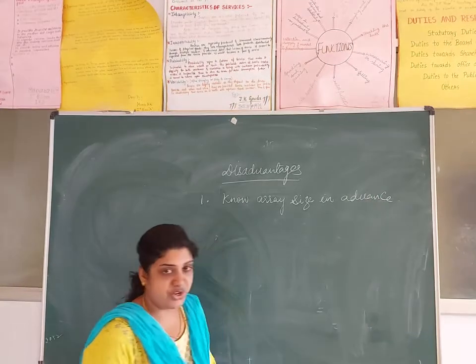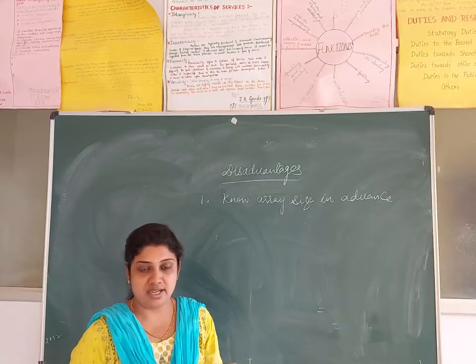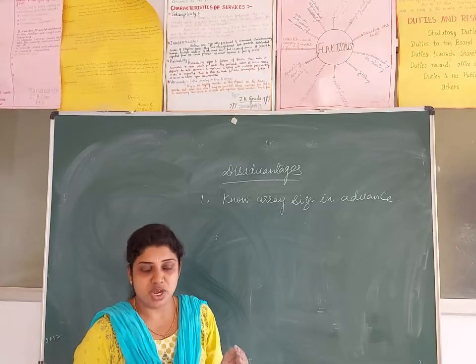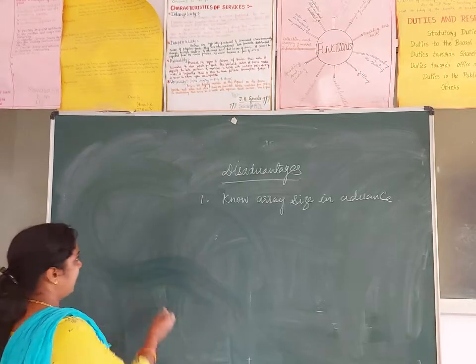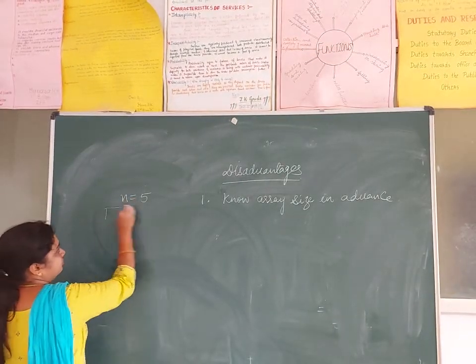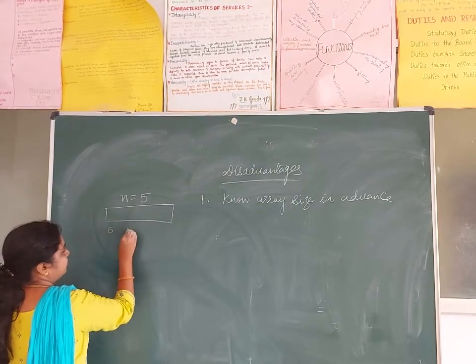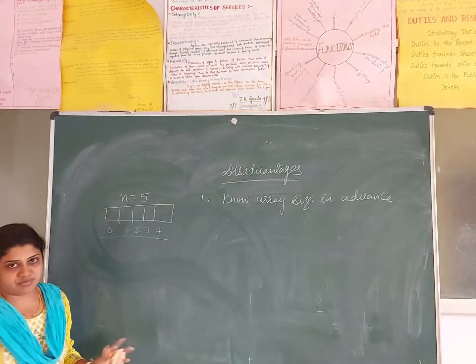So whenever you are declaring an array, you have to assign the size in advance or prior. Suppose I have taken n equals 5. Then from 0 to 4, the array elements will be represented.